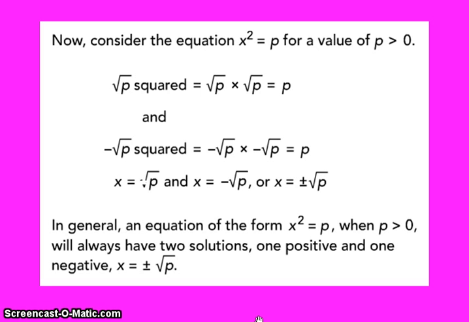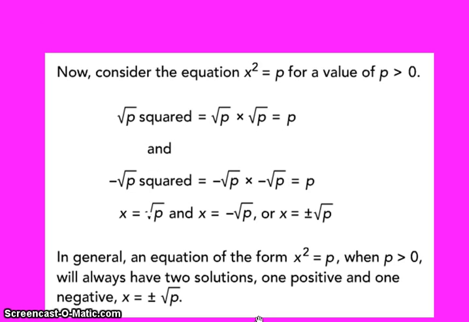So we have both the square root of p and the negative square root of p. So x is equal to plus or minus the square root of p. It goes on to say, in general, an equation of the form x squared equals p when p is greater than 0 will always have two solutions, one positive and one negative, written the exact same way, x equals plus or minus square root of p.